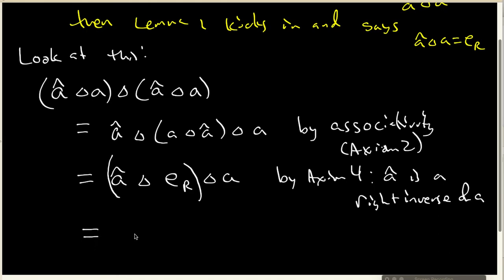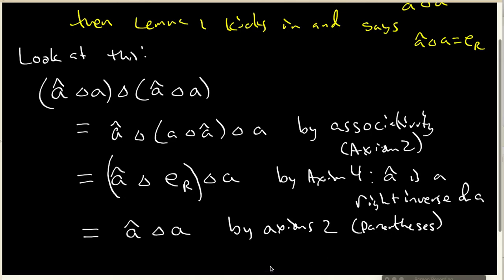And so we're now looking at A hat triangled with A. This is by axiom 2 to put the parentheses in, and axiom 3: ER is a right identity element, and it's sitting on the right side of that triangle.